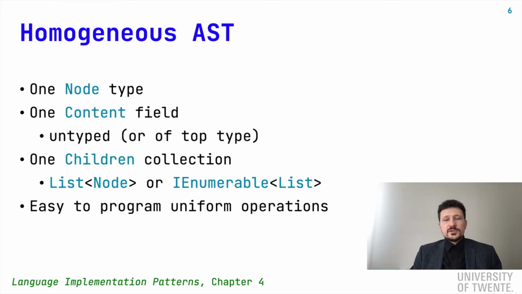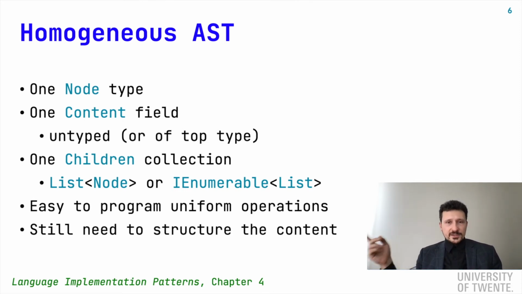You still need the structure to come from somewhere, and that structure needs to go into the content field, right? So quite often this is chosen where the content can be immediately inherited from the parse tree or even from the token stream, right? If your content can be a token, then this is perfect, right?